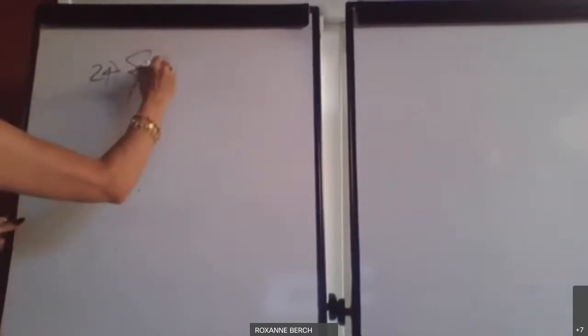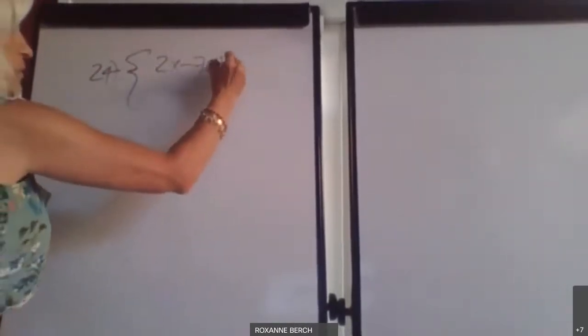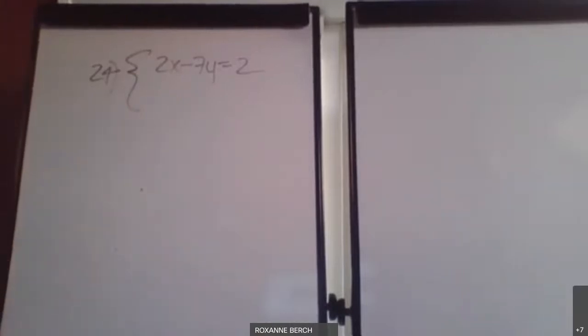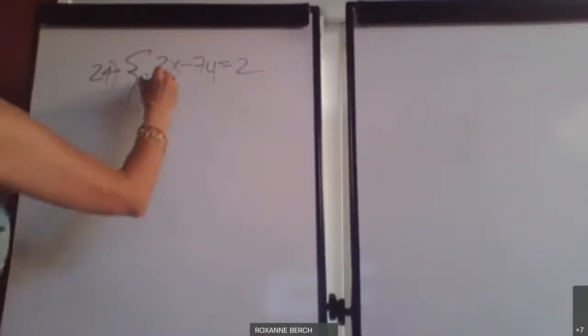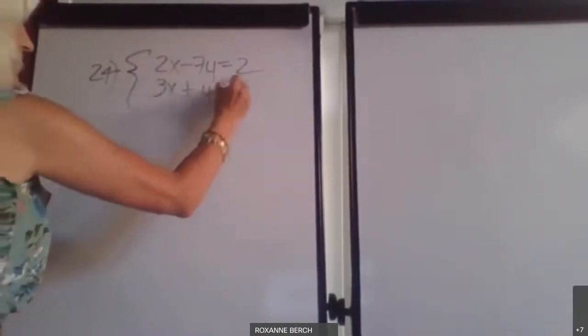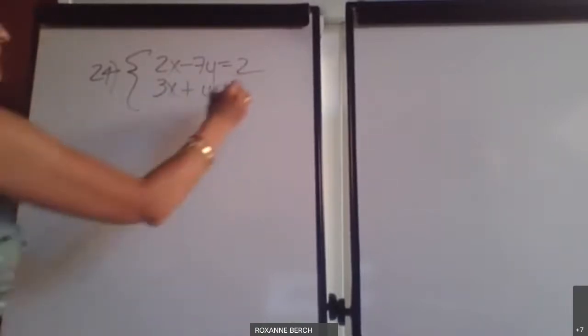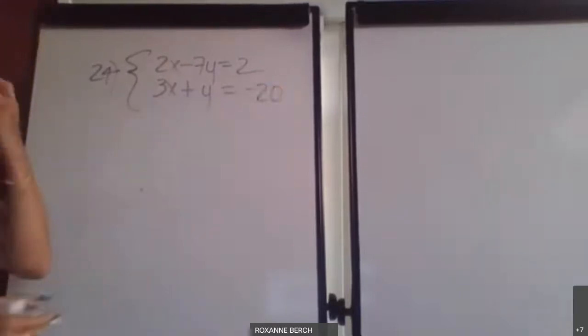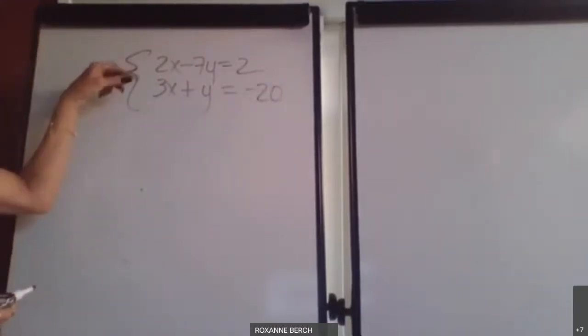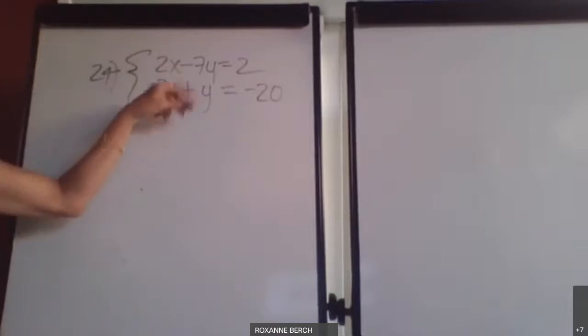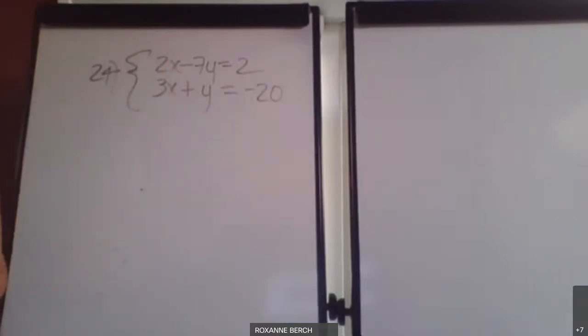You have 2x minus 7y equals 2, and you have 3x plus y equals negative 20. See, if you add the x's, it's not going to go away. If you add the y's, it's not going to go away.